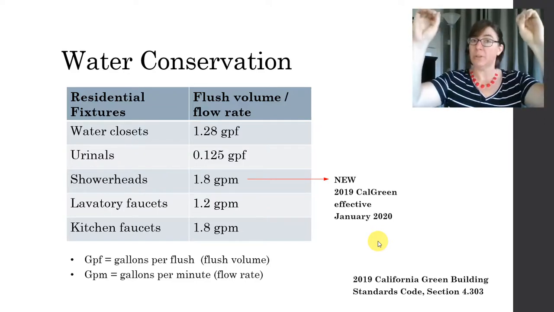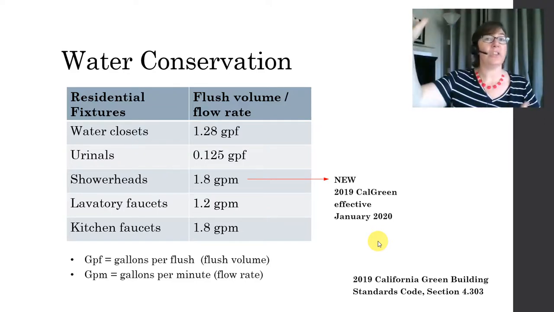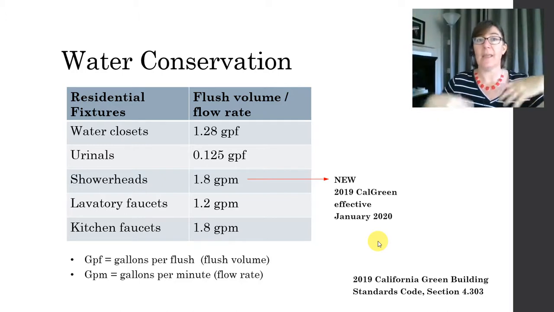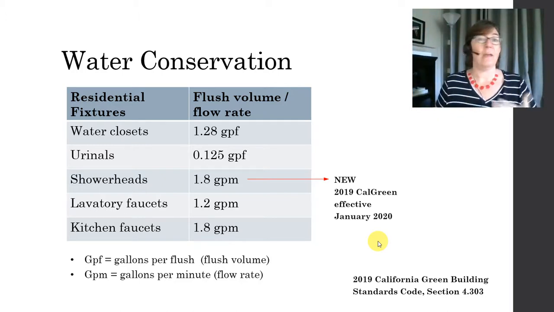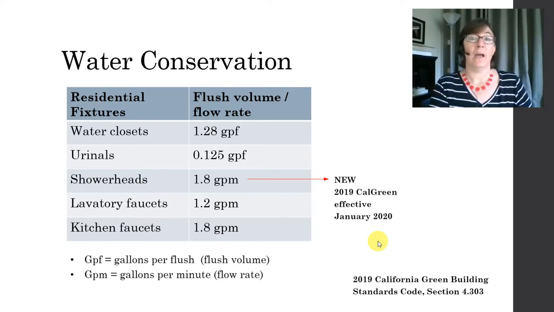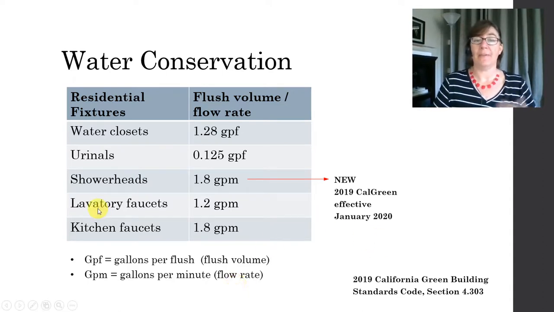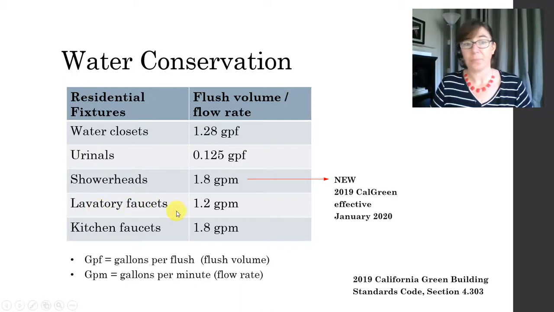So if you've got multiple shower heads, if you've got a rain shower head and another one, if you've got a fancy multi-head fixture, they all can only add up to 1.8. Lavatory faucets, remember that lavatory is the fancy vocabulary word for a bathroom sink, 1.2 gallons per minute, and kitchen faucets, 1.8 gallons per minute.